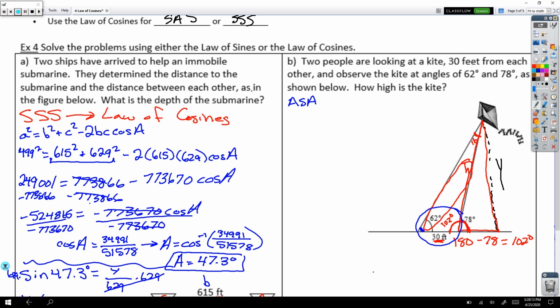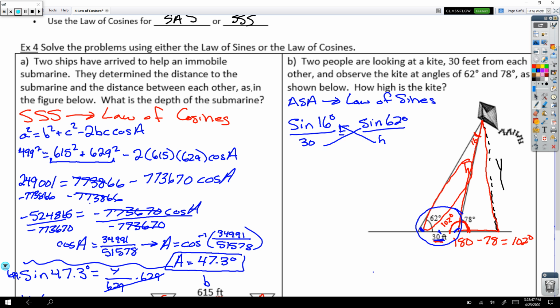Angle, side, angle. Alright, so that means I'm using law of sines. So setting up the ratio, I have the 16 degrees from the top and the 30 feet from the bottom. So the sine of 16 degrees over 30 feet. And I want to find h, right, the hypotenuse of the right triangle. So that would be the sine of 62 degrees all over h.